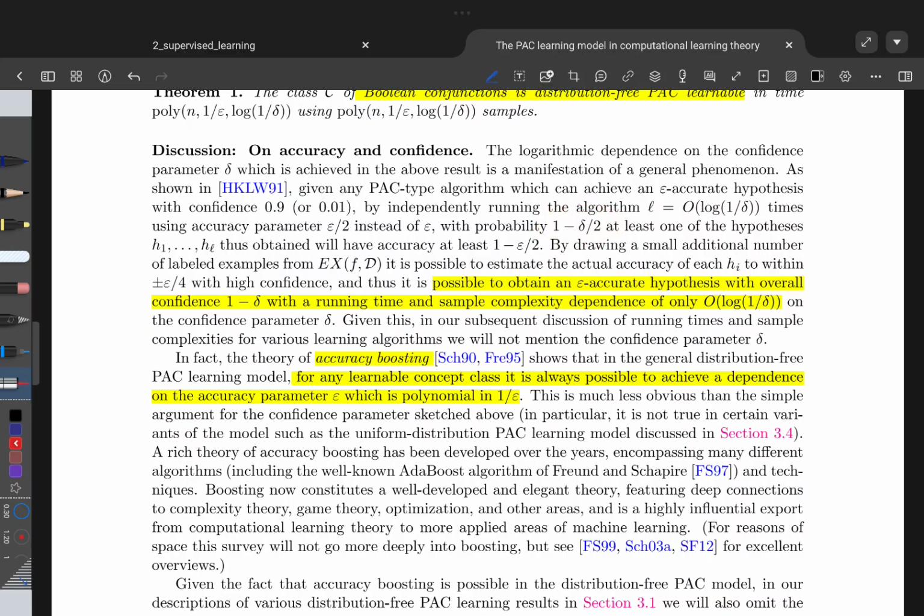Using these small additional number of examples, you can estimate the accuracy. You evaluate each of these m prime minus 1 predictors on the last chunk. So in some sense, this is like using a validation set.